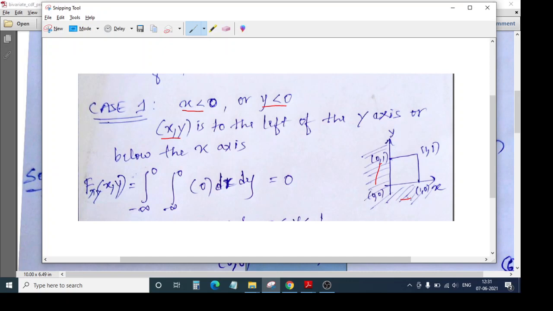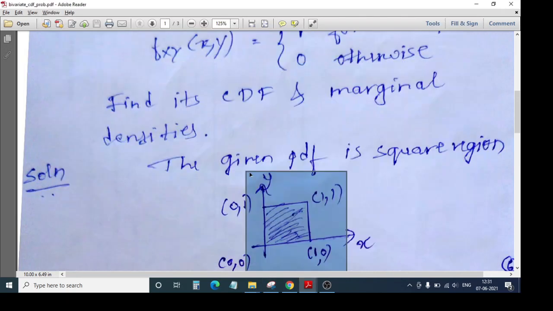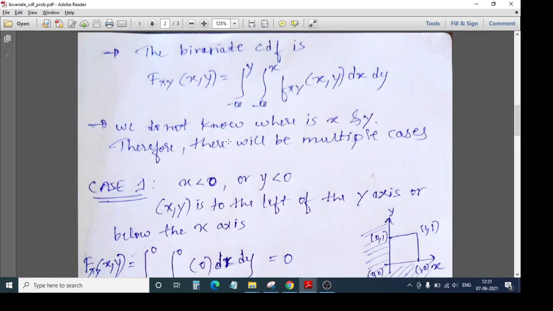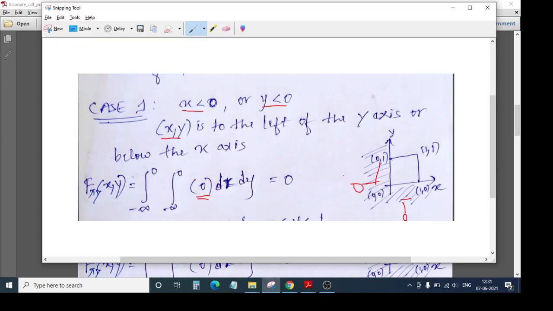No, we don't. So the value here will be 0. From the definition, the PDF is 0 here, and therefore what we take is 0.